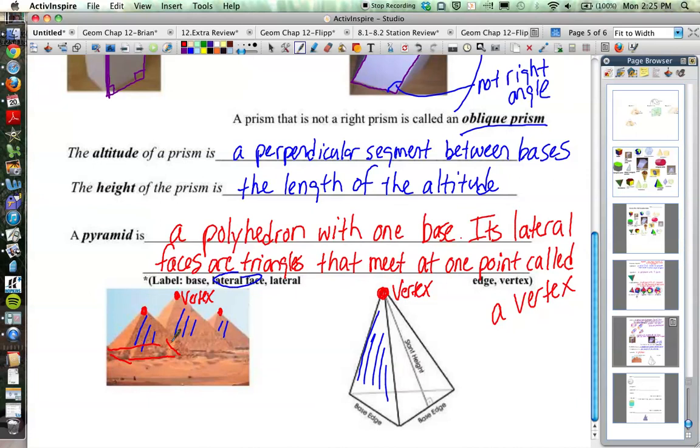It can be a square, it can be a triangle, it can be any polygon, but here would be the base. So we've got base and base. The polygon that it's sitting on that is opposite the vertex is called the base. And you've got some lateral edges. So here's a lateral edge, here's a lateral edge, so edges on the side. And so those are the pieces of our pyramid that we are going to refer to.